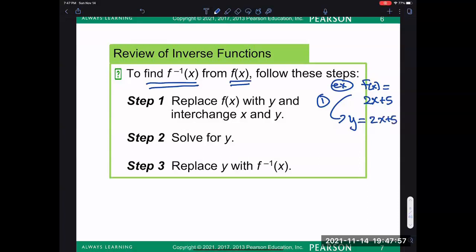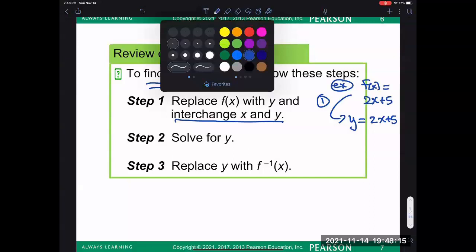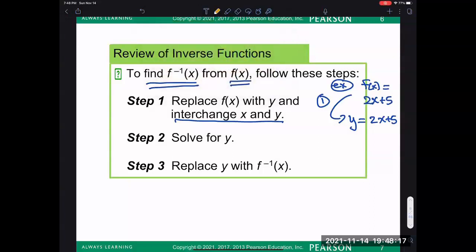And then we would interchange the x and the y. So we were just saying that all the points of the original function, like (2, 4), get switched to (4, 2), that you switch the x and the y's of each point on a graph. Well, you can do that in the formula too. So what we'll do to exchange these is we will switch the x and the y values in the equation formula.